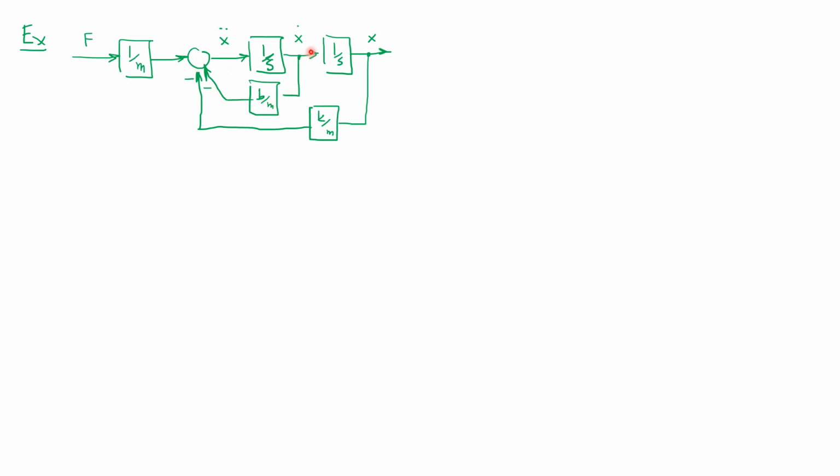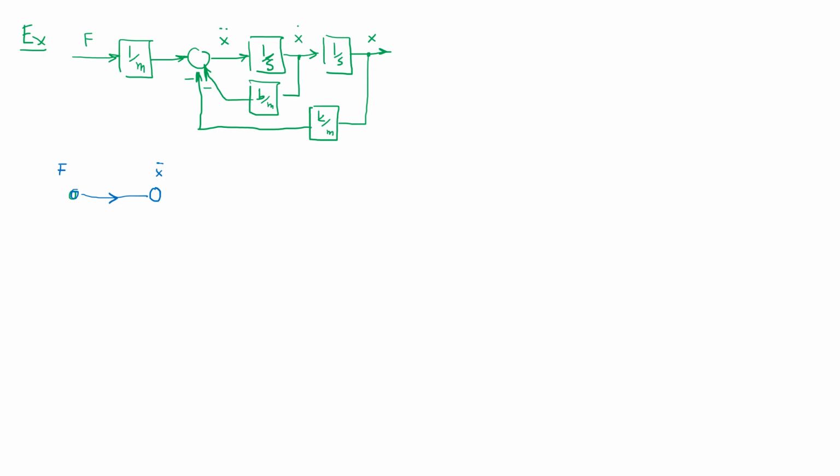So now I can try to make a signal flow graph so that this procedure is further strengthened. So in that case, we said that we're going to have the nodes. Let me use a different color now. So in this case, the starting node or input node is F. Then you have a branch which goes all the way to the second node, which is x double dot.